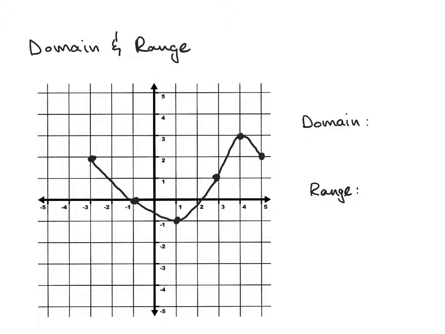We have a point (-3, 2). So -3 is in the domain. -2 is in the domain because it has a point right here. -1 is in the domain. 0 is in the domain. x equals 1. So essentially what we're looking for is x values that are producing y values.